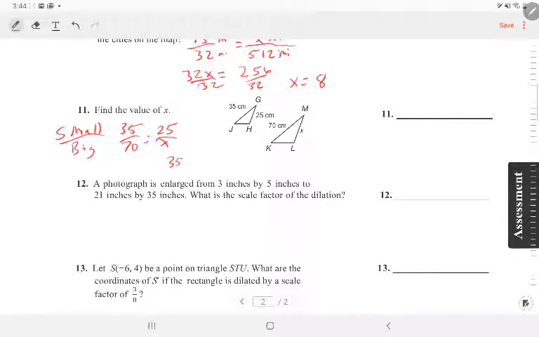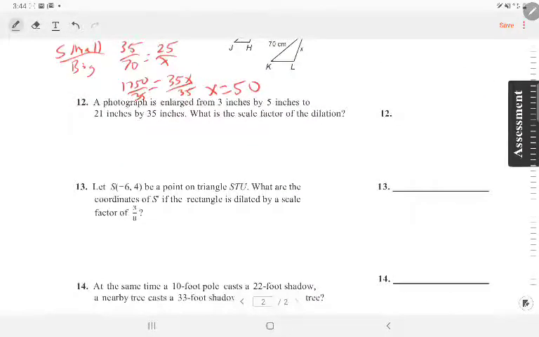That's 35x equals 1,750. Divide both sides by 35, and x will equal 50. So 50 centimeters.